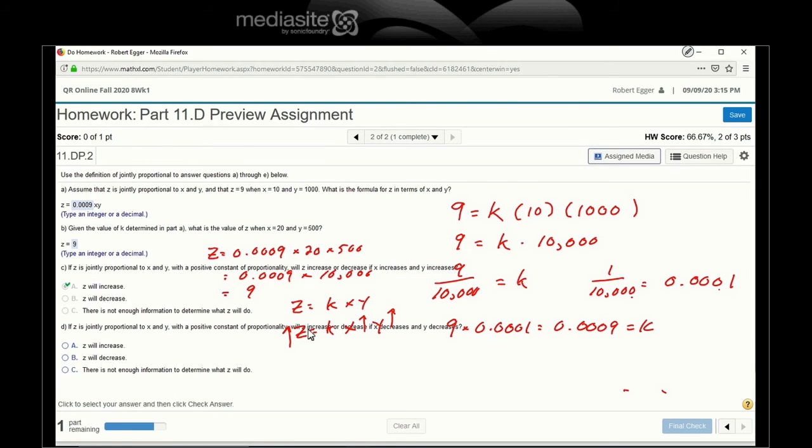Same question, but if x decreases and y decreases? All right. So z is kxy. What would z do if x goes down and y goes down? Z would have to go down.